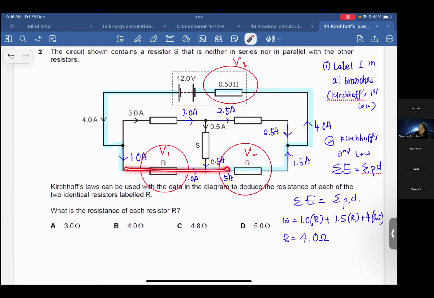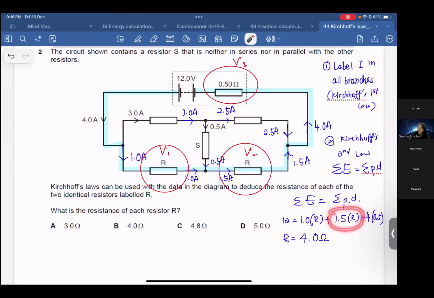Then the blue loop goes to a second R. What is the current flowing through the second R? Answer is 1.5 ampere. Why 1.5 ampere? Before R it is 1.0, after resistor R it is still 1.0. Then the current flowing through the component S is 0.5. 1.0 is in, 0.5 is also in. So 2 in, 1 out. Out is 1.5.